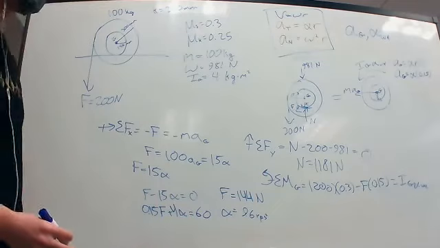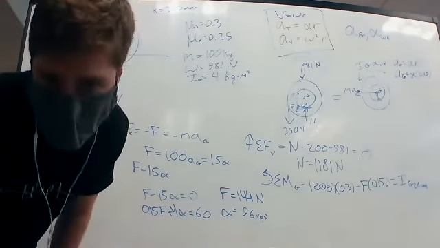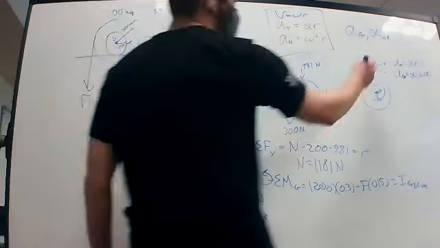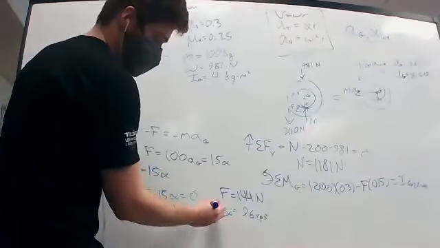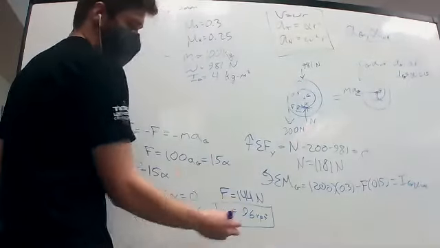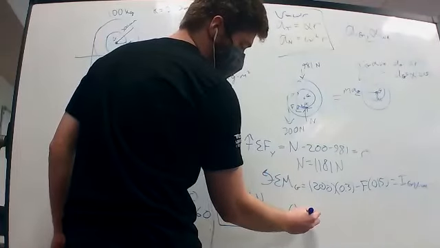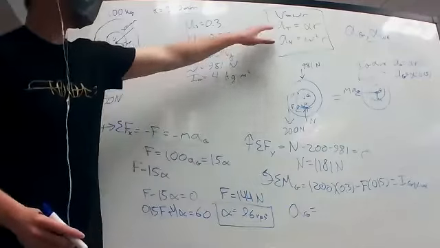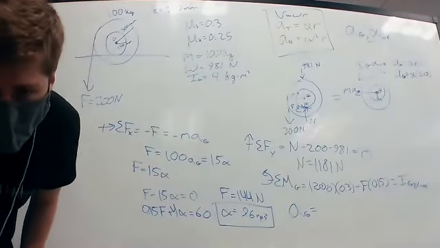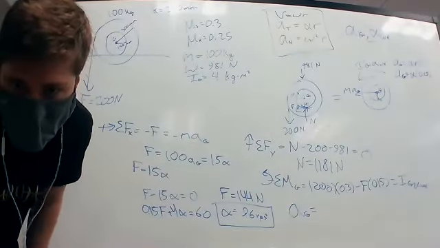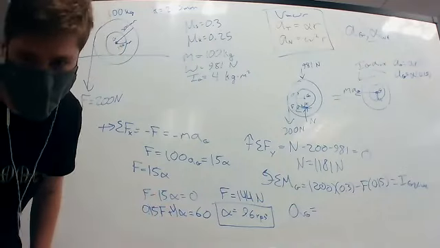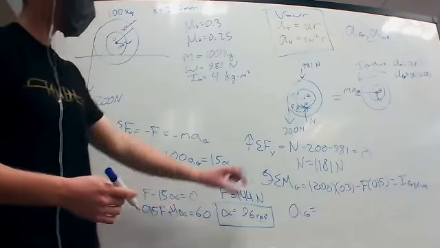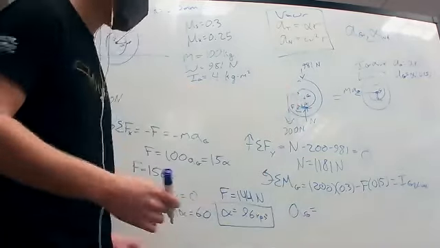From that, that was the first thing we were looking for, alpha of the wheel, right here. And then we can say that AG is equal to alpha r, therefore equal to 9.6 times 0.15, this distance.